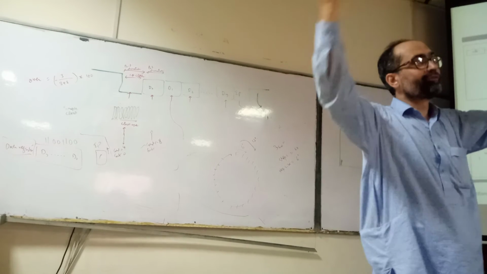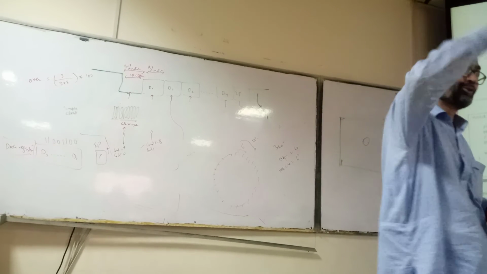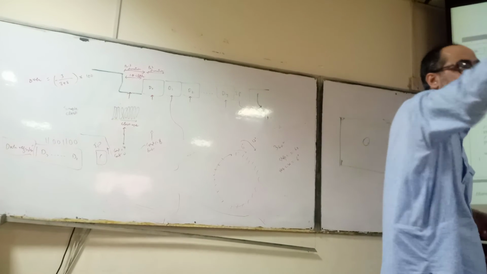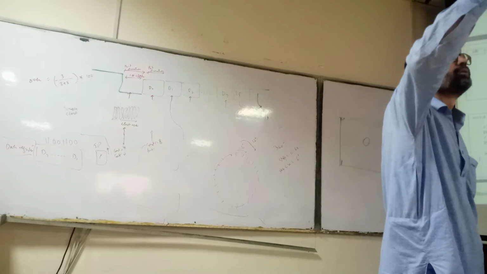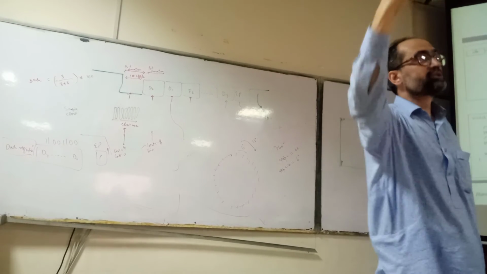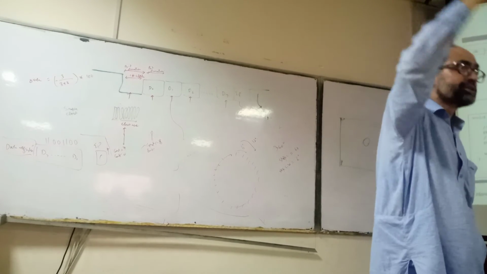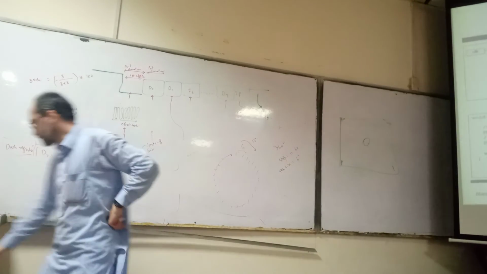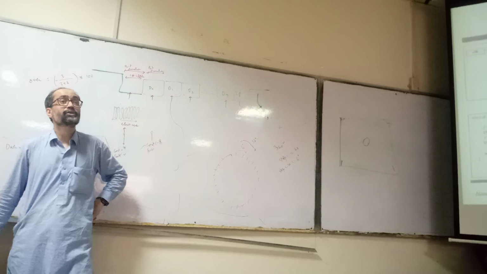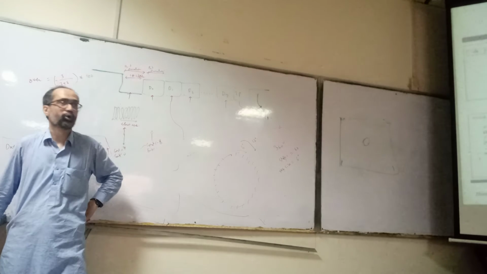From 128 to 255, it will be low. So now you are generating a PWM signal of 50% duty cycle. Now if you want to generate a PWM signal of 25%, from 0 to 63 it will be high, from 64 to 255 it will be low. So this is a simple algorithm for how you generate a PWM signal using a microcontroller.